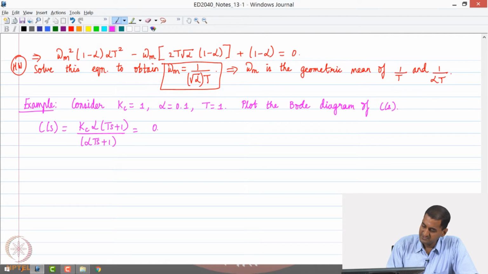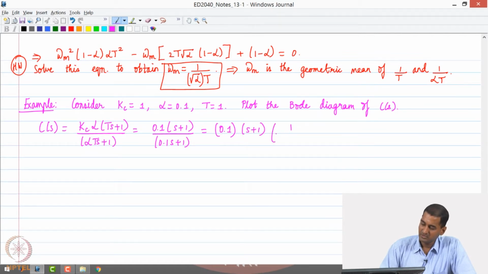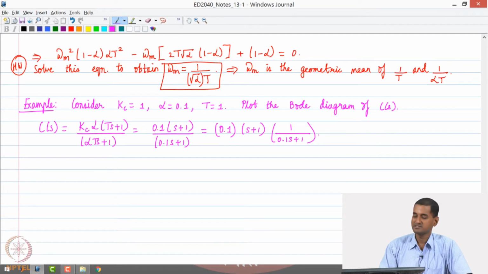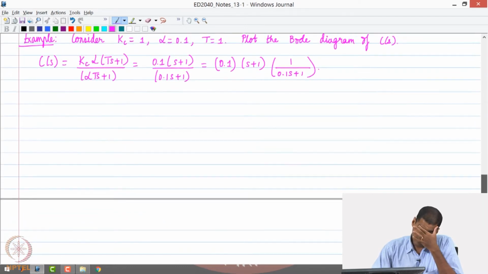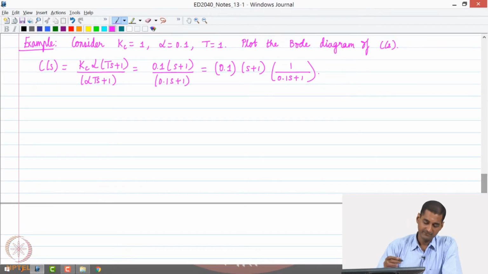If we substitute these values, we are going to get 0.1 times, T is also 1, so I will get s plus 1 divided by 0.1 s plus 1. This can be rewritten with 3 factors: 0.1, then s plus 1, then 1 divided by 0.1 times s plus 1. Those are the 3 factors involved in this particular transfer function.